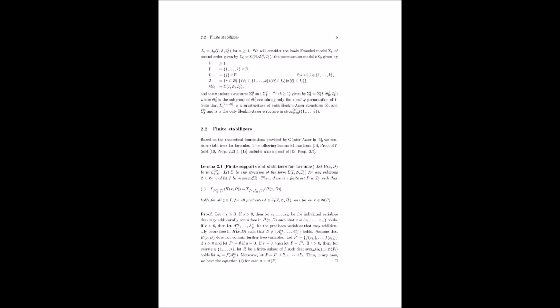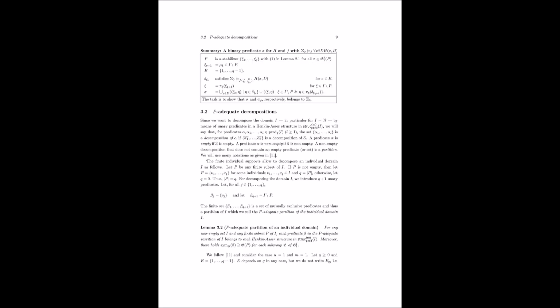She uses the notation lowercase Greek letter beta, open parenthesis, j, comma, I, close parenthesis, where j tells us which copy of the library we're in, and I points to a specific subset within that copy. Always respecting the finite stabilizers of that particular library. So we're adding another dimension to our coordinate system. Exactly. We're not just locating books within one library anymore. We're pinpointing them across these multiple interconnected libraries.